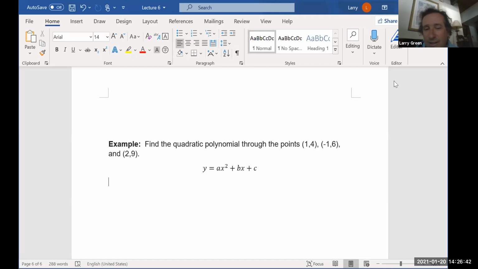Any thoughts? Okay, the reason I said it that way is that if you had, instead of fitting a parabola, let's say you had 30 points, and you didn't speak Chinese. I'll tell you why in a minute. So you had 30 points, and you don't speak Chinese or Japanese, and you want to find the best fitting 29th degree polynomial.